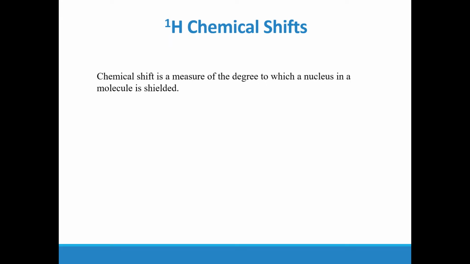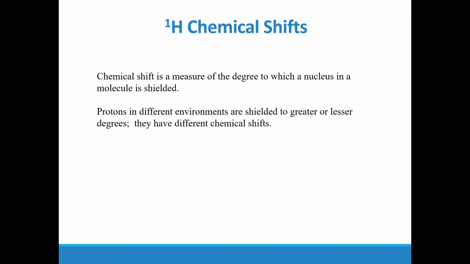For proton chemical shifts, these shifts are a measure of the degree to which a nucleus in a molecule is shielded, and you'll see these when we look at the NMR spectra. Protons in different environments are shielded to greater or lesser degrees, and because of this, they will show up differently on the NMR due to their chemical shift.